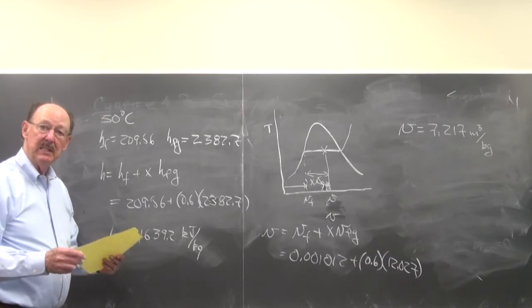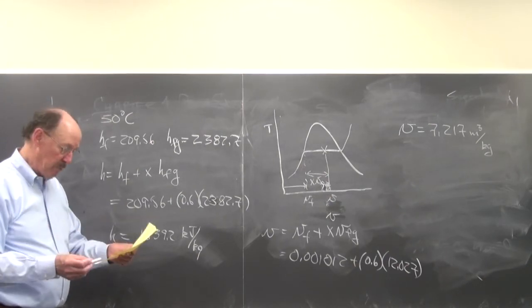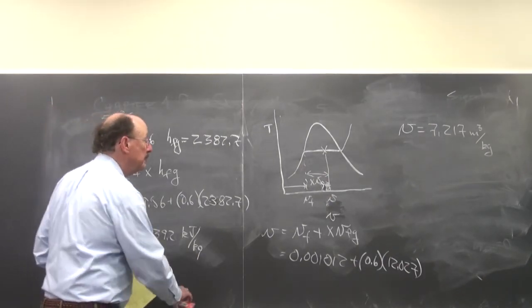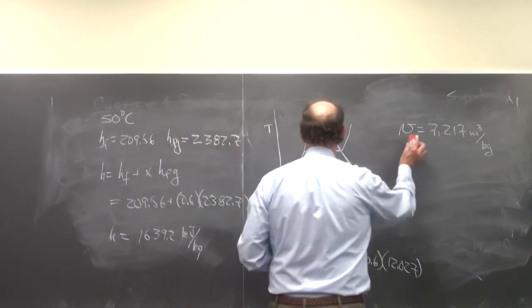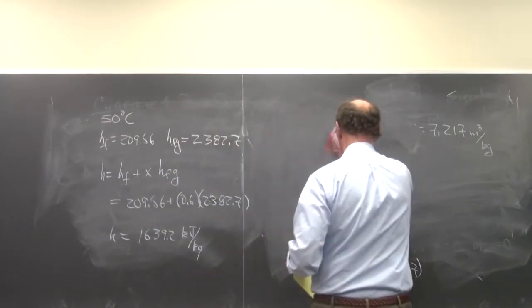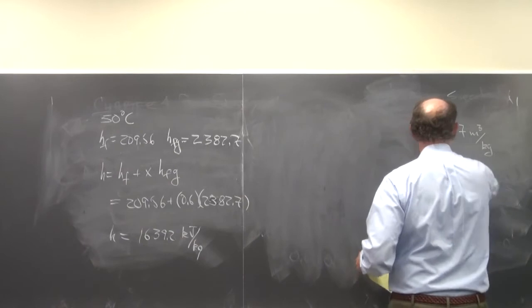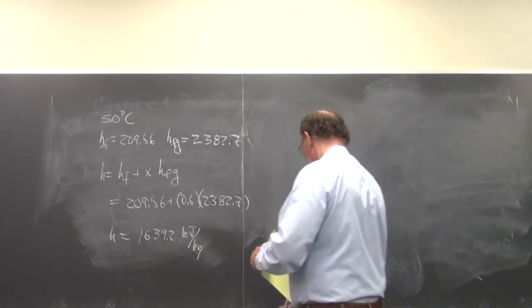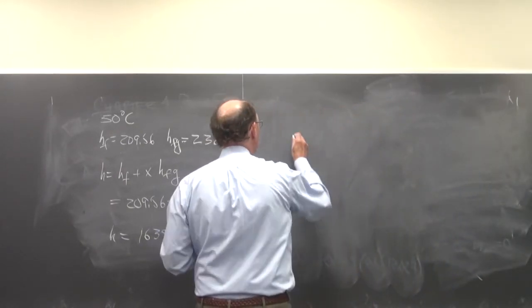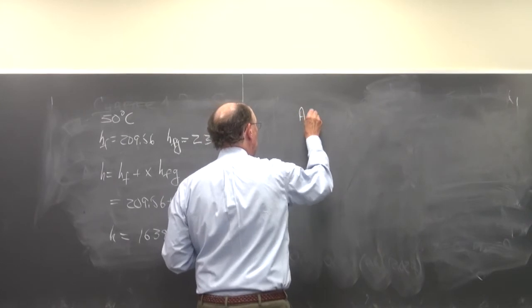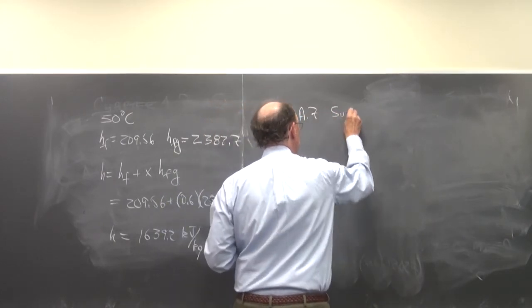Now, let's look at the properties in the superheat region. A7, superheat.